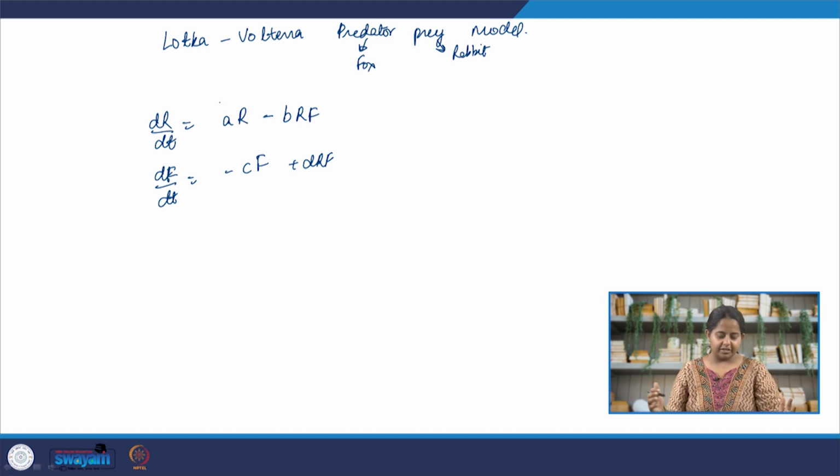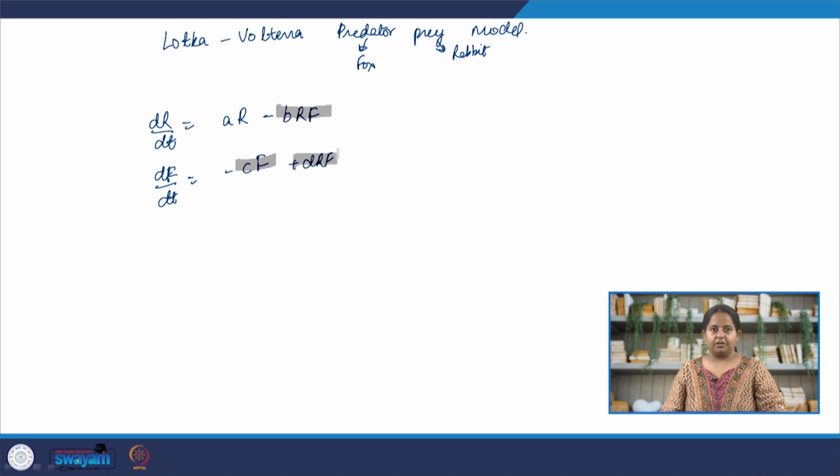So if there are no foxes, this becomes 0, this becomes 0, this becomes 0. So all we have is dR by dt equals AR. So rabbits are going to grow exponentially, which we know will mean that in limited time we have a very big number of rabbits, something that that particular limited ecosystem will not be able to contain. So that is a limitation of this model.